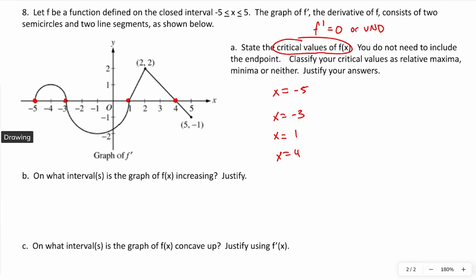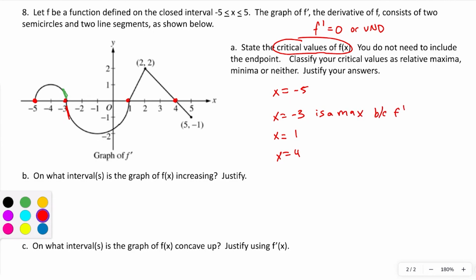So in order to be a local maximum, we're going to go from a positive slope to a negative slope. So f prime will go from positive to negative. So we're going to have a max at -3, and it's a max because f prime went from being positive to negative.